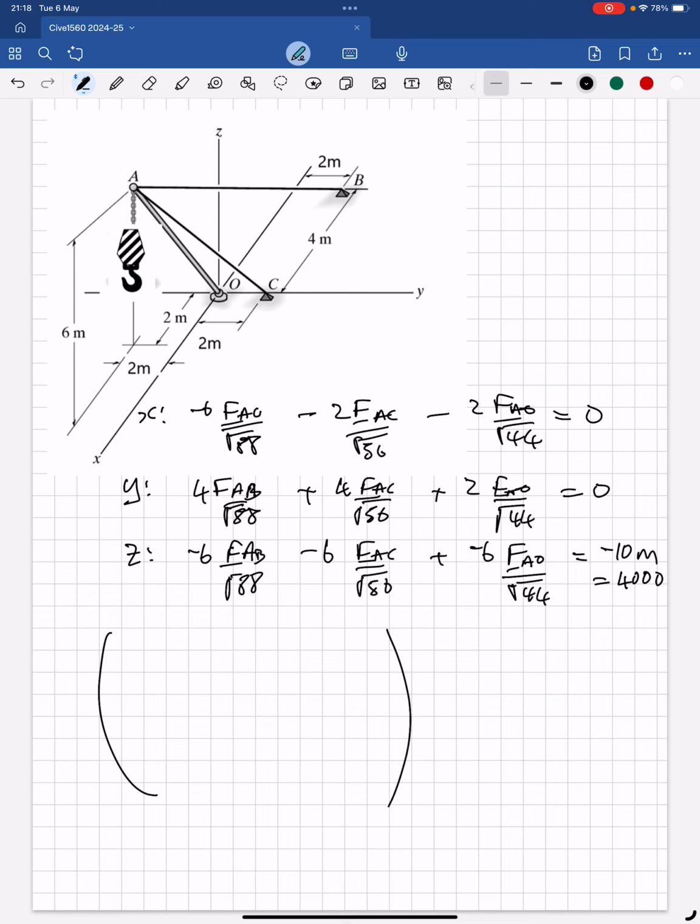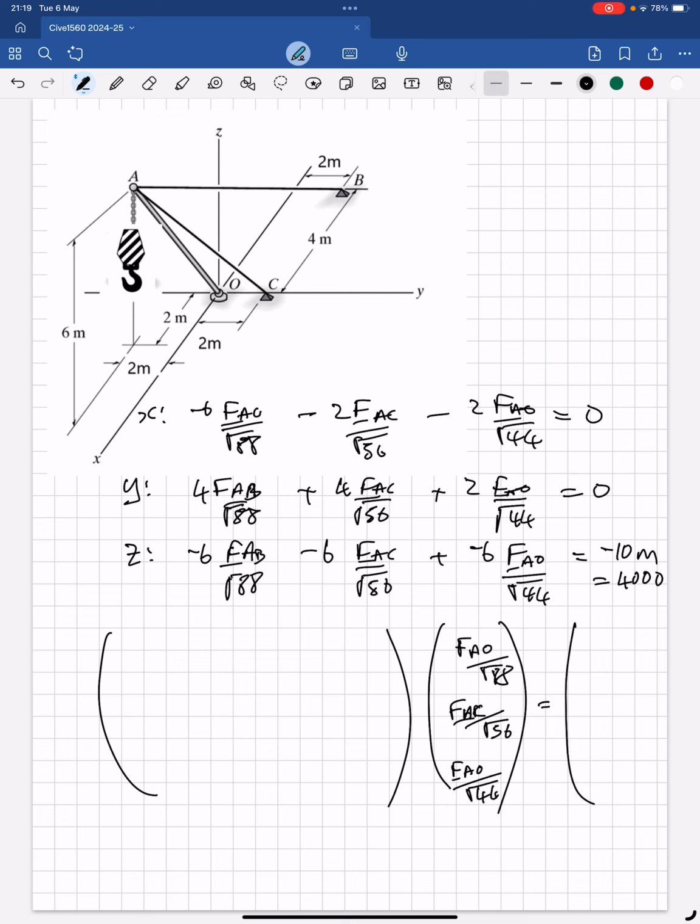But it says write it in matrix form. So we can write this down as a matrix where in the columns here we have FAB over root 88, FAC over root 56, and FAO over root 44.